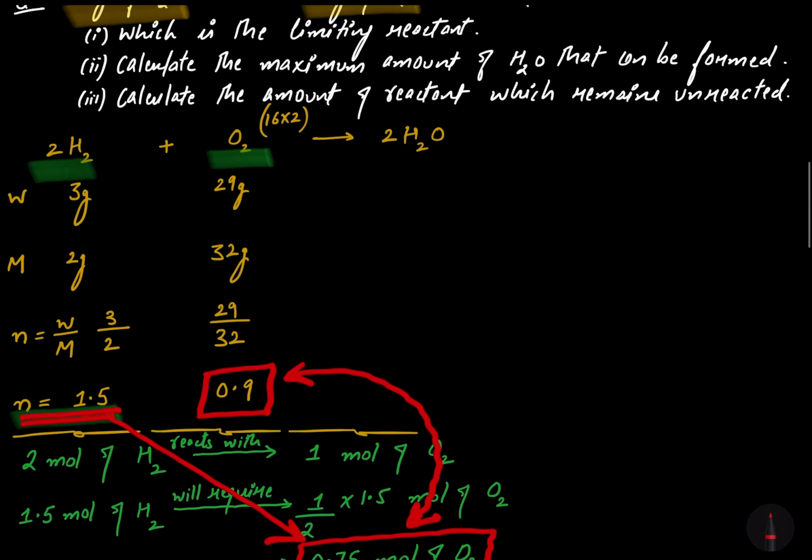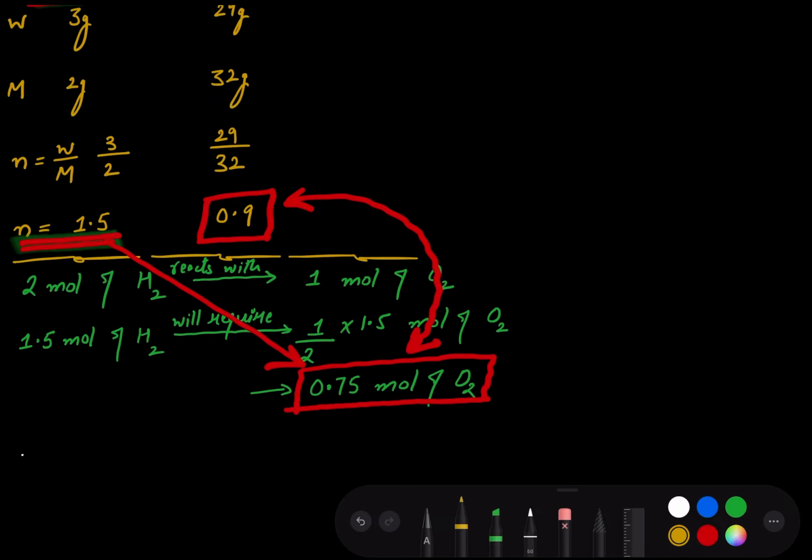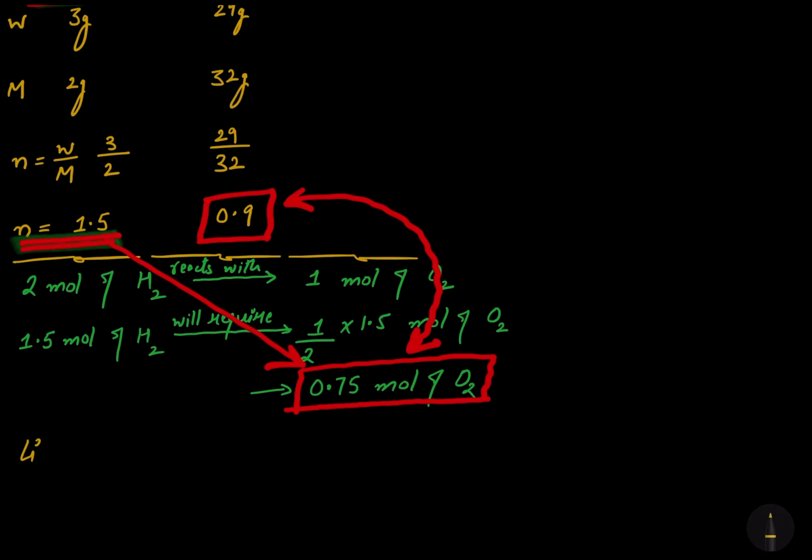So my limiting reactant comes out to be hydrogen only, because hydrogen will get completely consumed first, before the oxygen. So in this case, the limiting reactant is hydrogen gas.